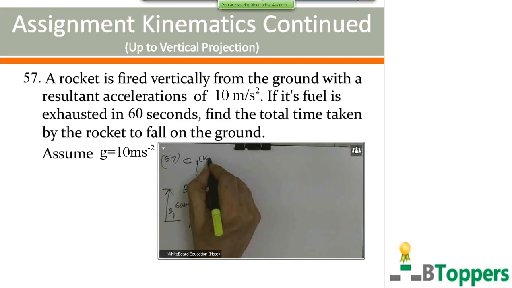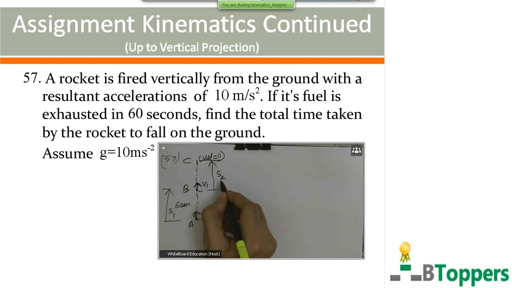Let us suppose the rocket moves from B to C under the influence of gravity with retardation. Let V1 be the velocity at B. Let S2 be the distance covered during the retarded motion under the influence of gravity.